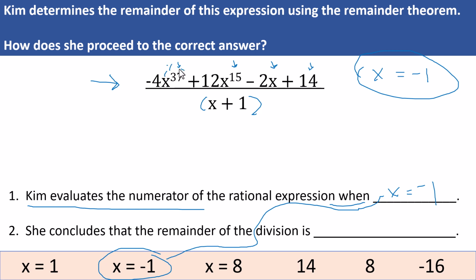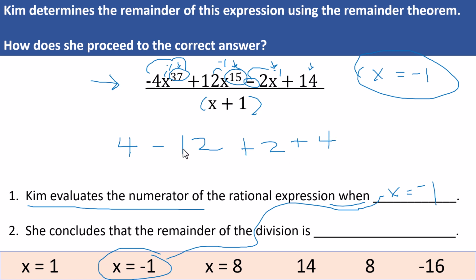We put a -1 in here everywhere there's an x. So this is going to be an odd power. That's going to leave us with a -1 times a -4 is a +4. And then we have another odd power. -1 to the 15th power is -1 times a +12 is -12. And then we have just -1 times -2. Don't forget that's negative, is a +2 plus 14.